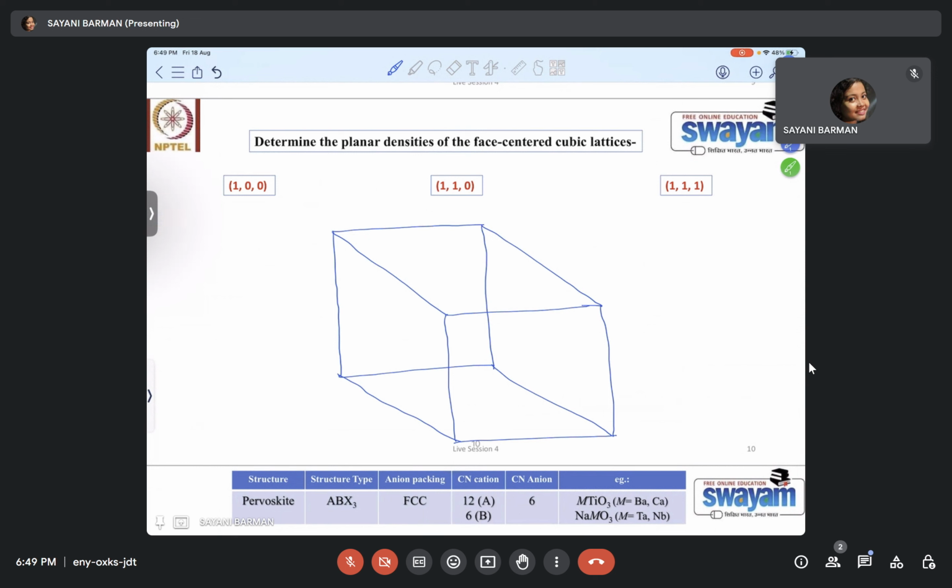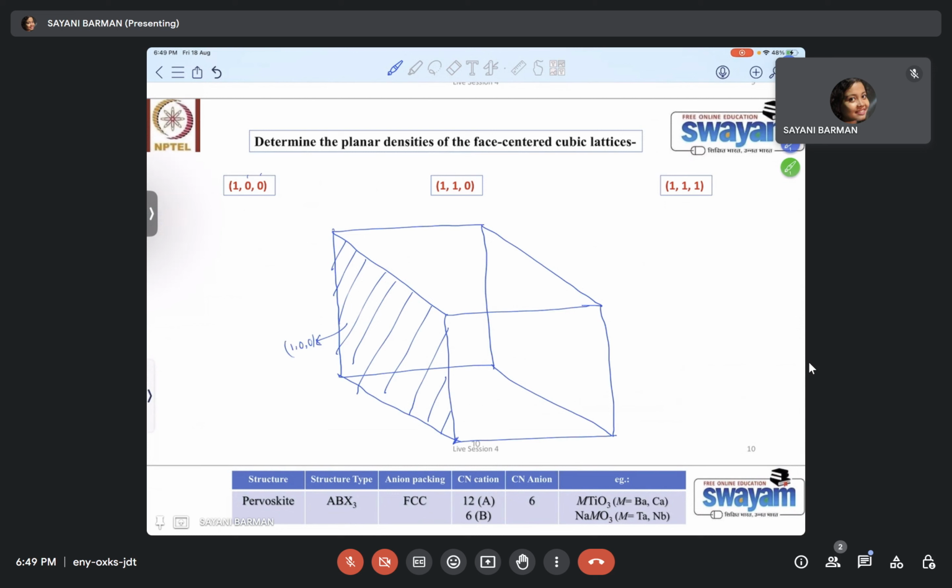Means the intercepts along y and z axis are infinity. Means the plane must be parallel to y and z axis, but along x axis it is 1. So this is the plane, this plane. So this is the 100 plane, okay? 100 plane.